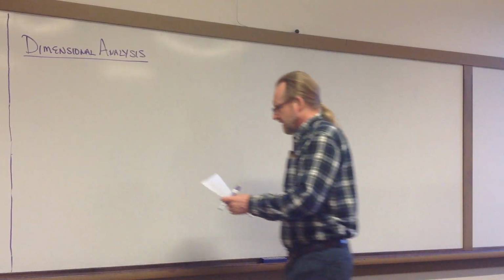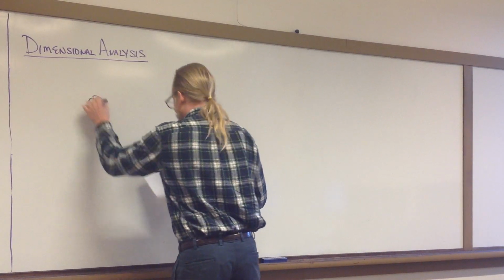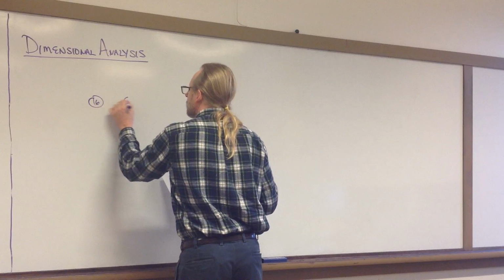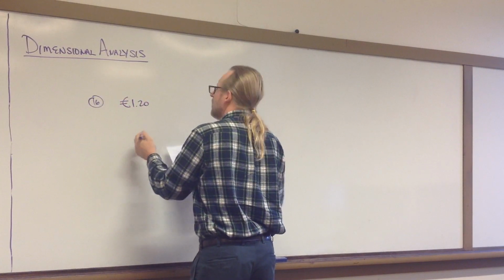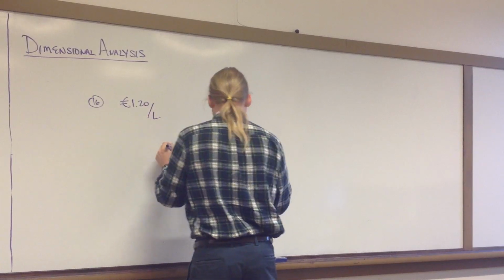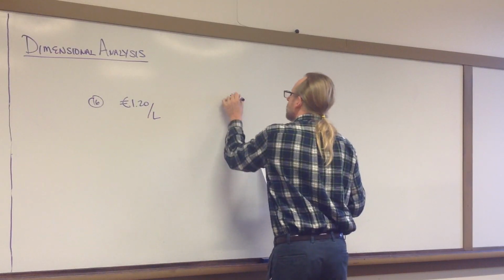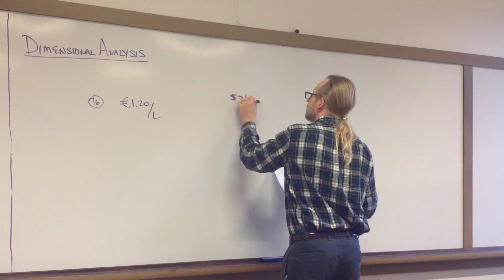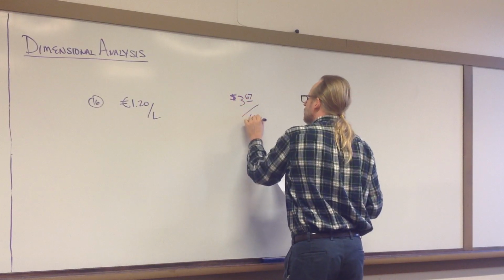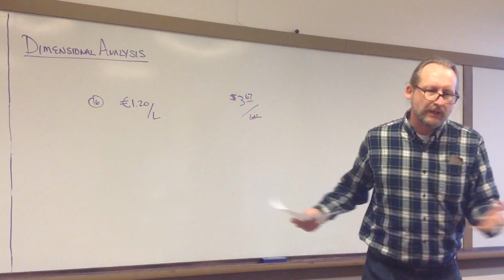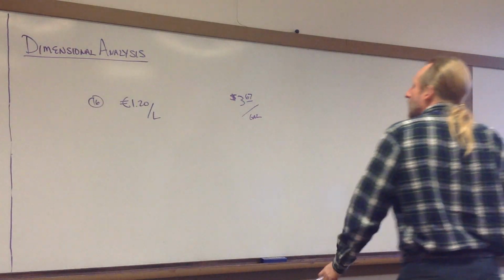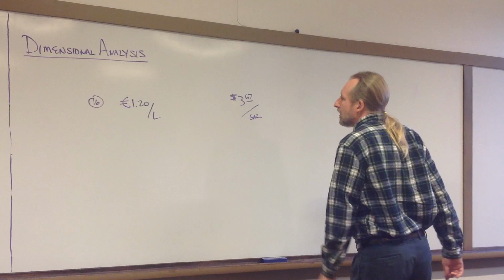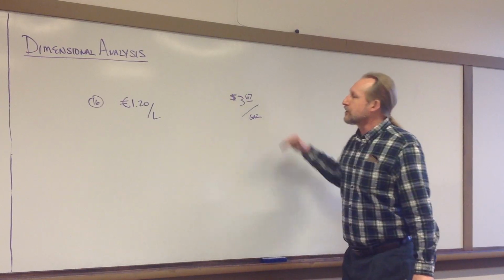Let's see, so problem 16, which is more expensive? We've got 1.20 euros per liter, and then we want to compare that to $3.67 per gallon. So the trick is just to take one and convert it into the other units. So I'll take the euros per liter and change that into dollars per gallon.